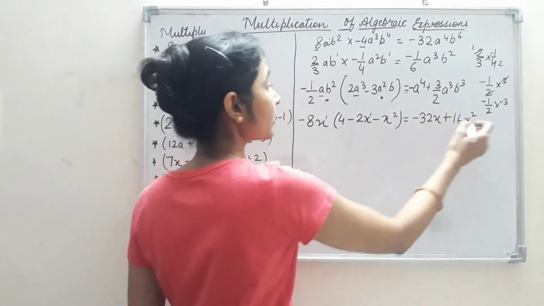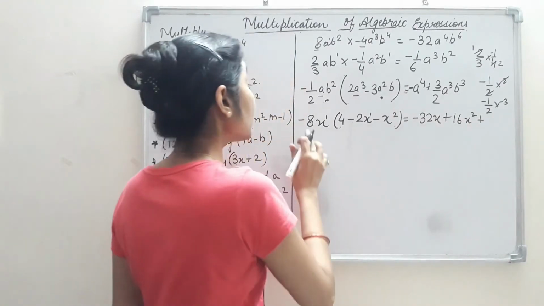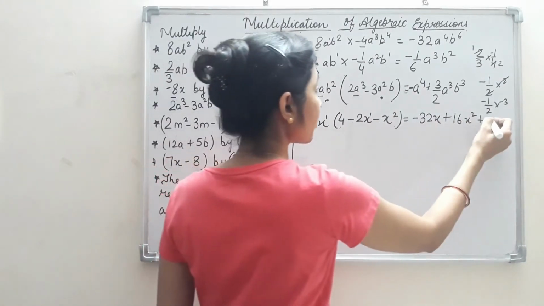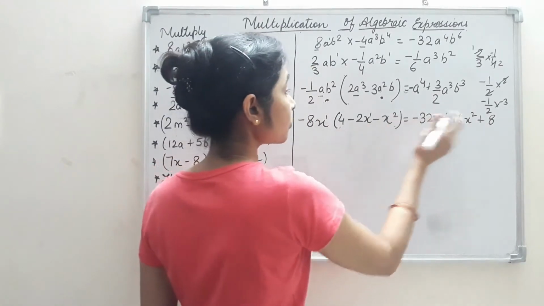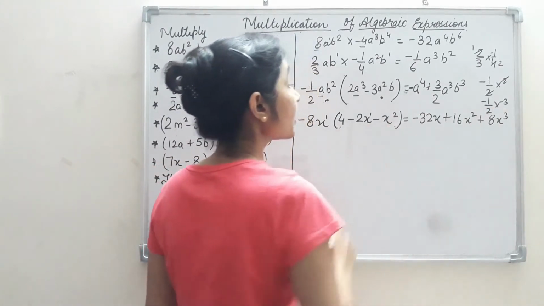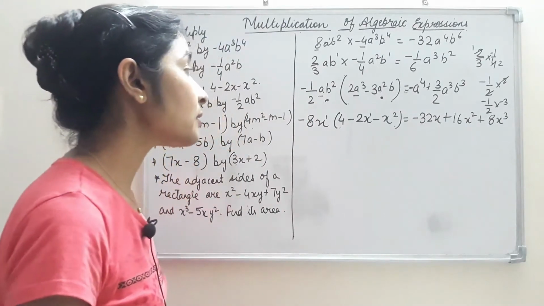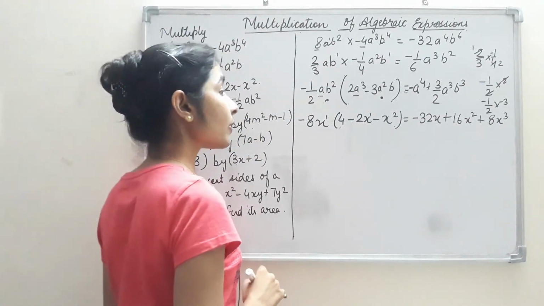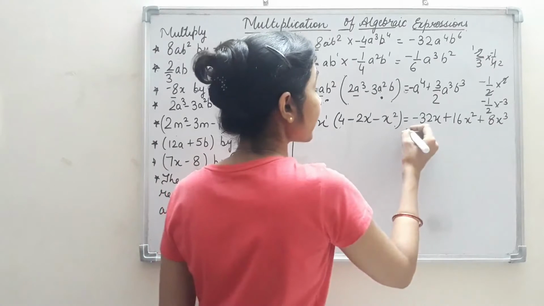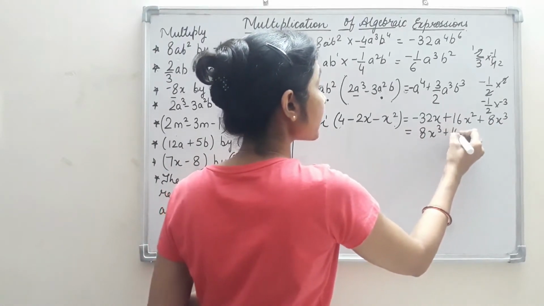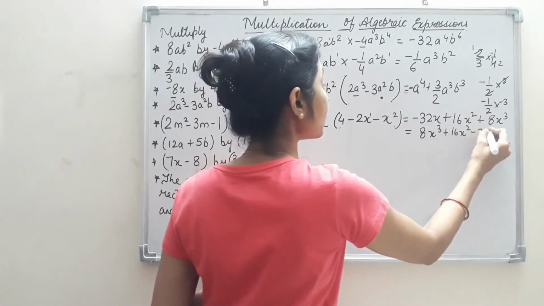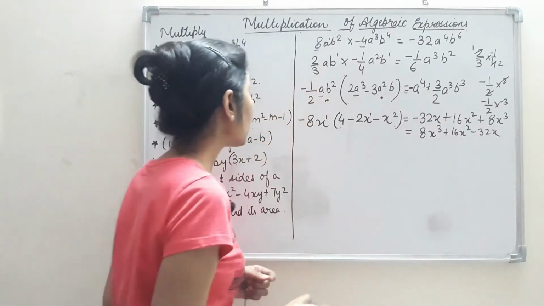Again minus into minus, first we will write here positive. Now 8 into 1, the coefficient is 8 itself. x into x square, 1 plus 2, the power becomes cube. So my answer is minus 32x plus 16x square plus 8x cube. If I write it in the standard form, I will write like this: 8x cube plus 16x square minus 32x.